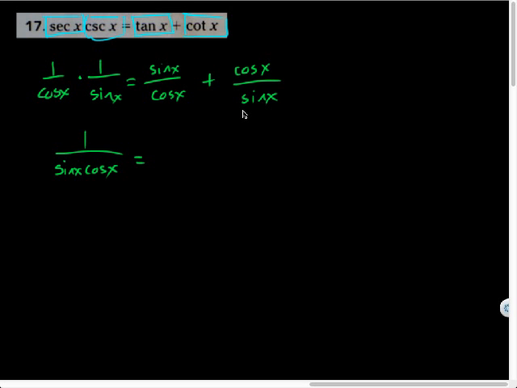Okay. So looking at these denominators, because I can't just do the cross-multiply thing since I've got a plus sign, what is the LCD? Well, it's got a sine x in this one and this one, so I need at least a sine x. And it's got a cosine x in this one and this one as well, so I need a cos x. So there's my LCD.